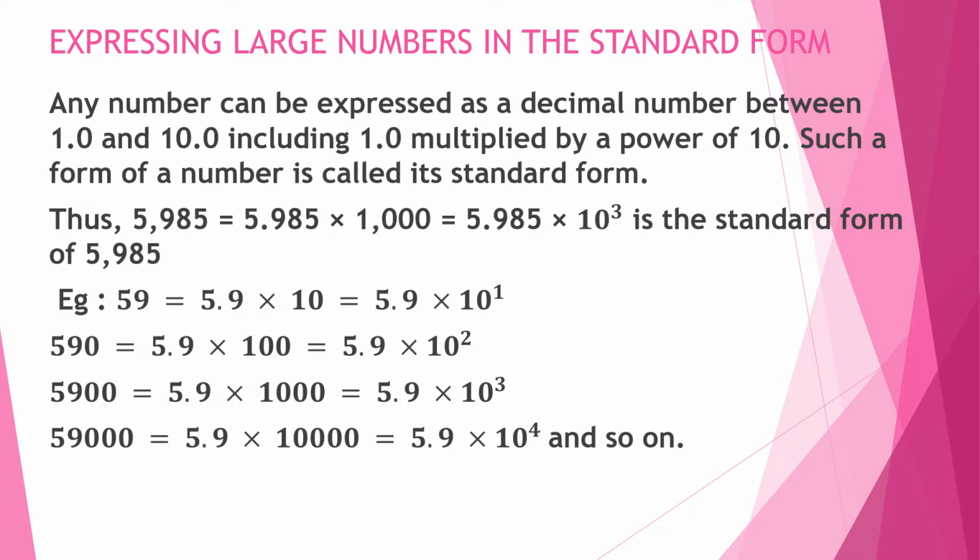And in the last one, after the first digit we put the decimal and write all the non-zero numbers. Here only one non-zero number, 9, is there after putting the decimal point. So we get 5.9 into. Then after putting the decimal point, count the number of digits to the right side. Here 4 digits are there. So the standard form is 5.9 multiplied by 10 raised to 4.